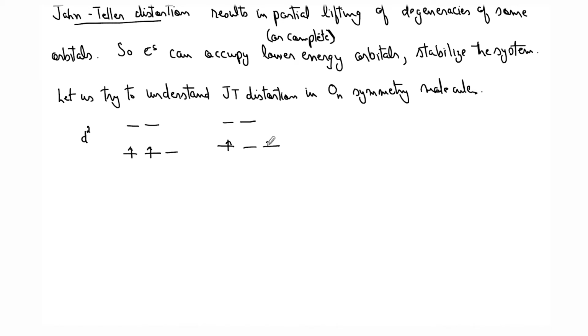So I can say this, and they are all equal in energy, right? So this can happen in d2. You cannot pair the electrons because that would be against Hund's rule of maximum multiplicity. So these are the only three states possible, but these are all degenerate states, right?